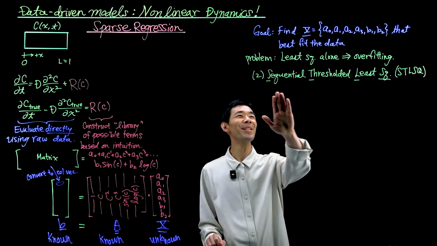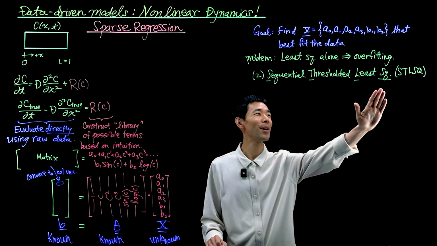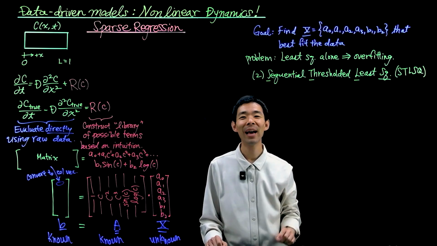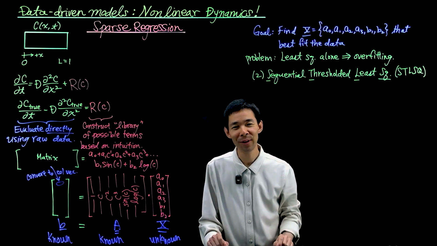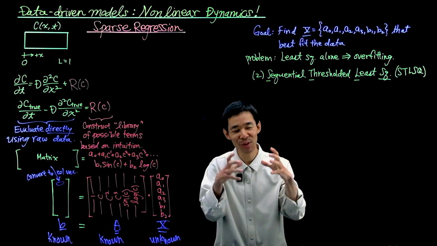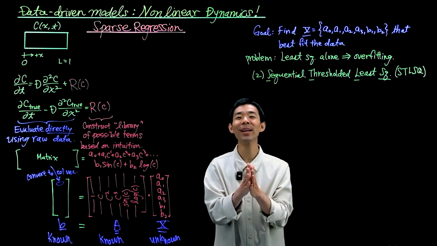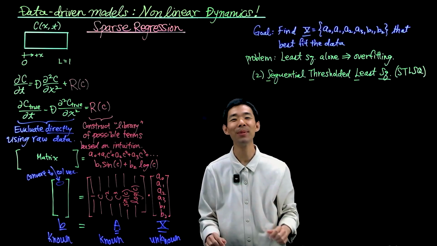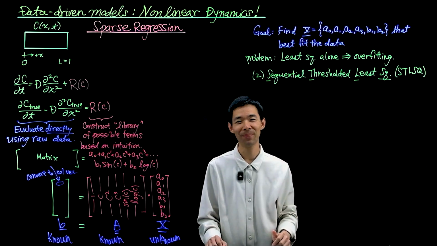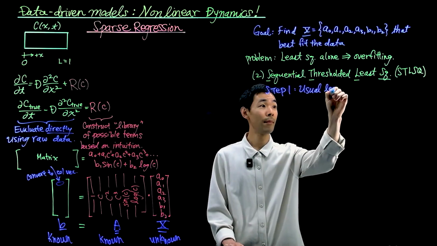So, sequential thresholded least squares, STLSQ. This is an algorithm that is even more strict and selective when it comes to identifying a particular model and fitting a regression. So here are the steps.